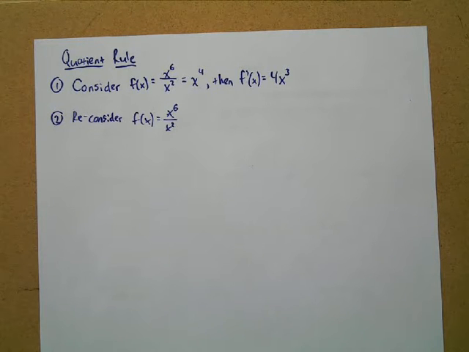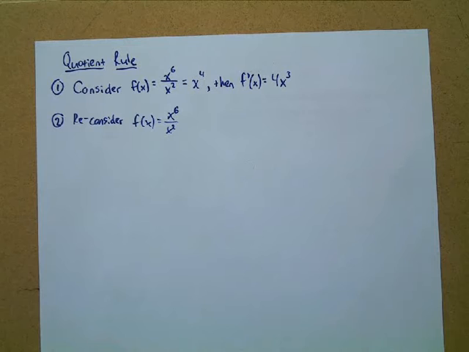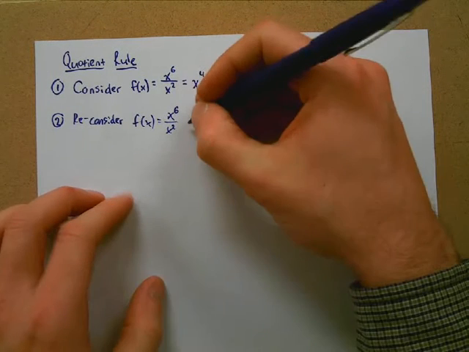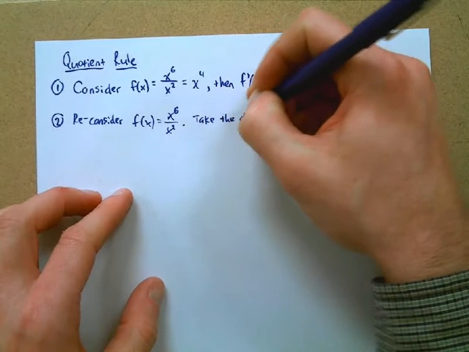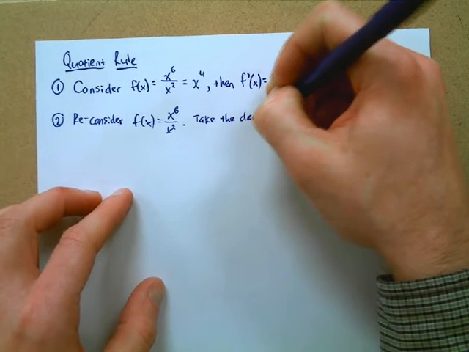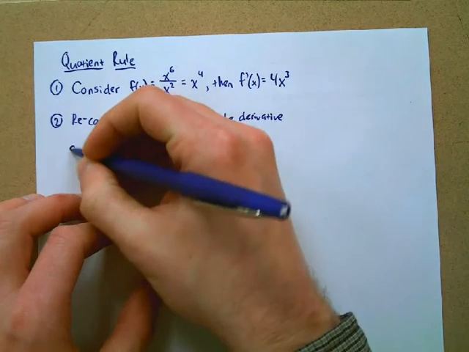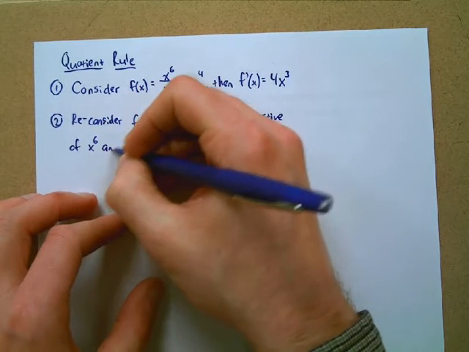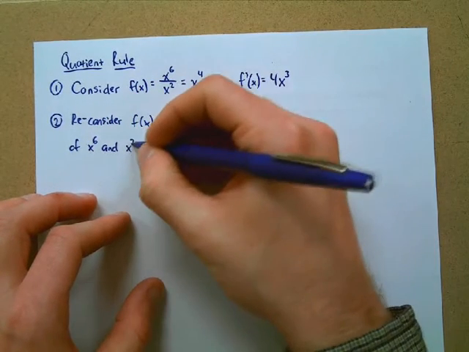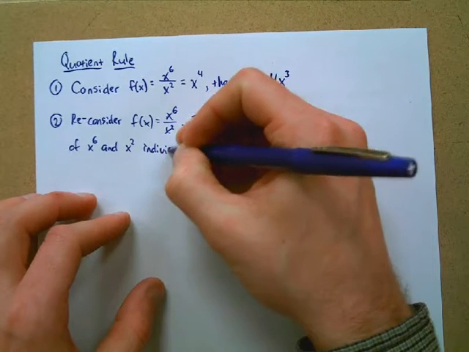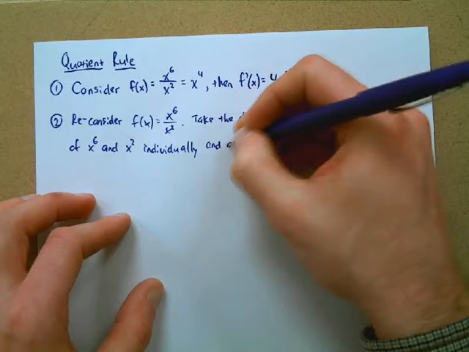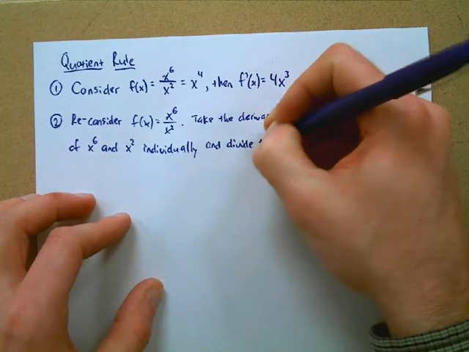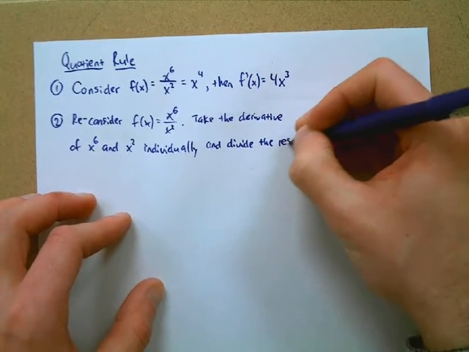And then let's take the derivative of x to the 6th and x squared individually, and divide the results. Okay.